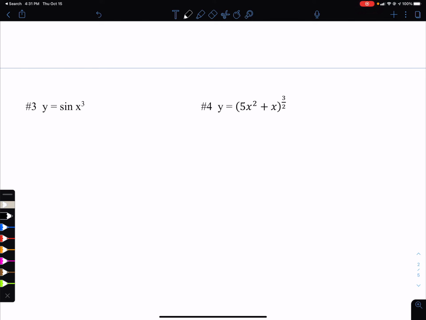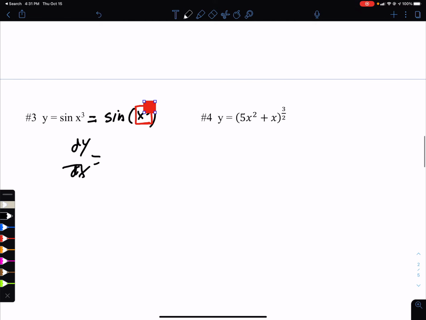This one's similar but different. You need to recognize this is sine of x cubed. It's not sine cubed, it's sine of the x cubed. You can go through the process again, but we're going to realize here is my box. So let me make a box for us. As you take the derivative, dy dx, you have to look at this as sine of just a single variable, but in this case it's box.